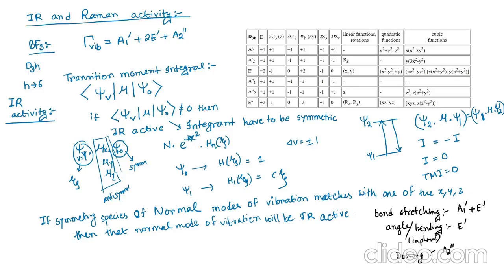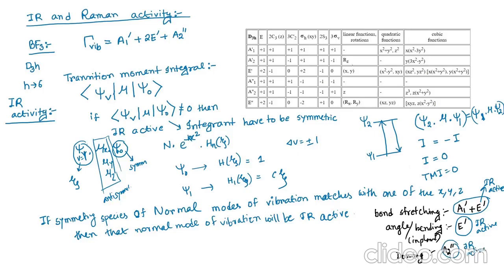So even if A1 dash is not, as E dash is there, this stretching is going to be IR active. What about E dash? Obviously E dash is IR active. What about A2 dash? A2 dash is also IR active.